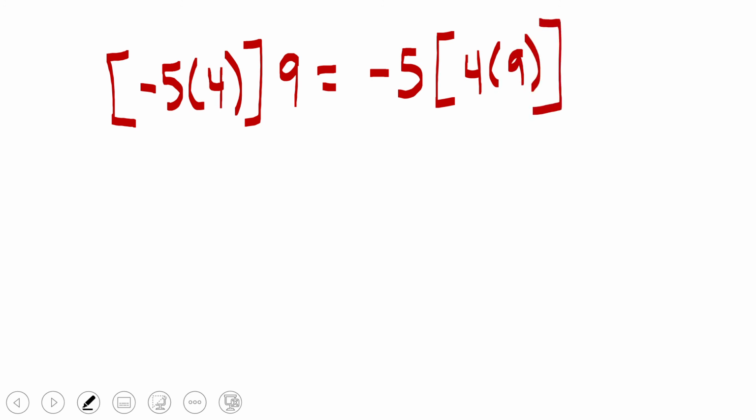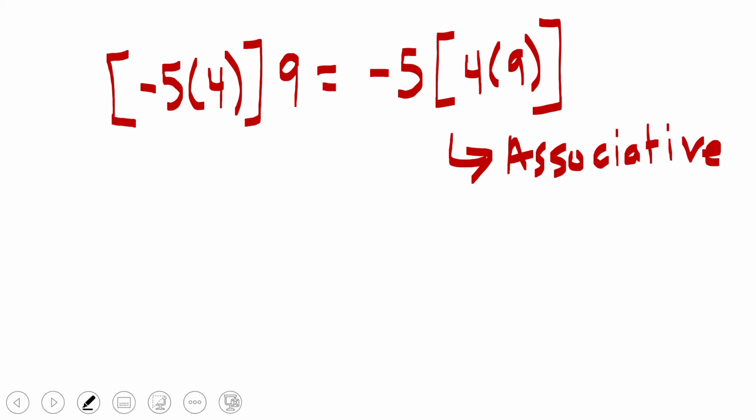The answer would be the same, so it is equal. That's associative. The associative property of multiplication.